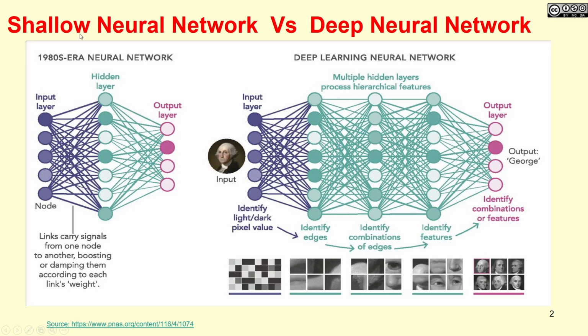Why? Because the word deep in deep neural network corresponds to the number of layers. When more layers are there, we can go with deep neural network, otherwise we can go with shallow neural network. So, shallow in terms of the neural network concept is given by the number of layers.